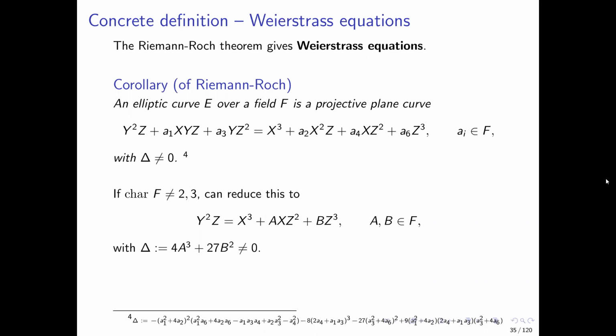If I let z be 0, then this is 0, this is 0, this is 0. So x is 0. In homogeneous coordinates, that means you only have one point. y can be anything. So there's only one point at infinity, and I'll call that point 0, because in some sense it behaves like the identity. It will be the identity in the group law.